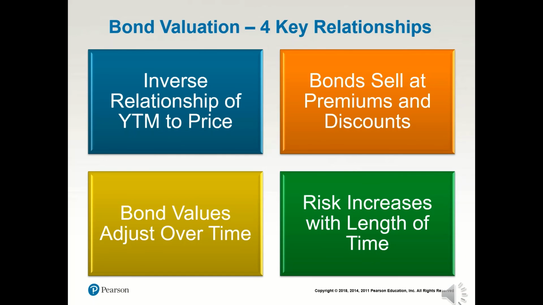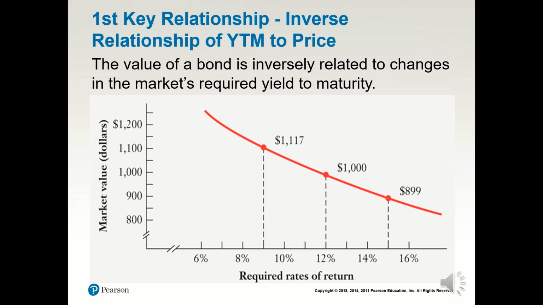There's 4 key relationships in bond valuation that you can always count on. We're going to go through each one of these 4. They are the inverse relationship of yield to maturity to price, that bonds sell at premiums and discounts, that bond values adjust over time, and that risk increases with the length of time. The first key relationship.